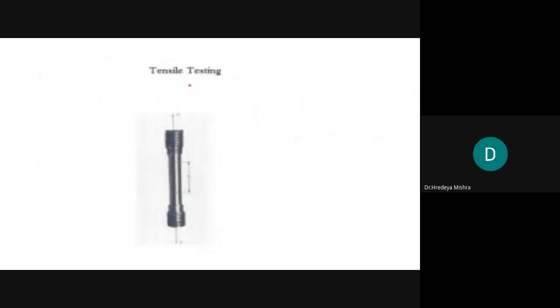Now, the tensile test we already studied.